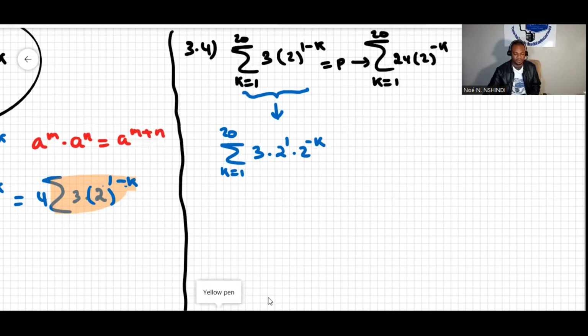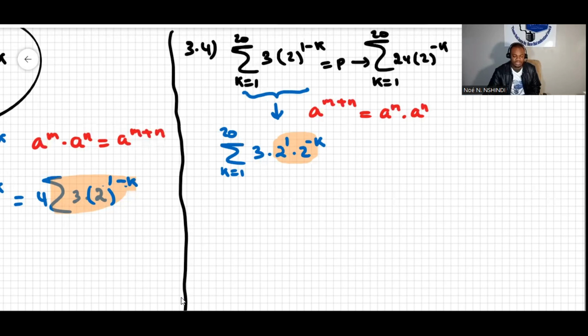Okay, all this according to the law of exponents. When we have a to the power of m plus n, this is a to the m times a to the n. Okay, we can split it like that.